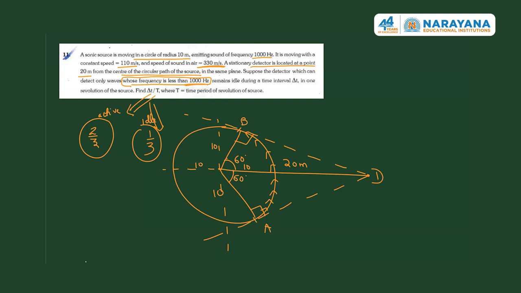Now comes the concept. In any such problem, there is one hassle which we should always take care of. I'll explain it this way. Suppose there is a detector here, and it is also moving with some speed, let's say Vd. And there is some source, and I'm drawing the situation at t equal to 0.